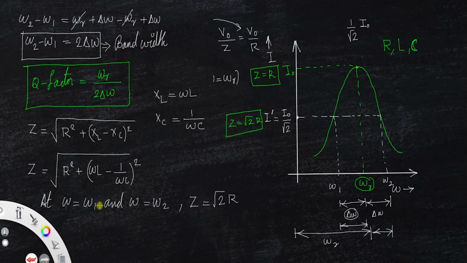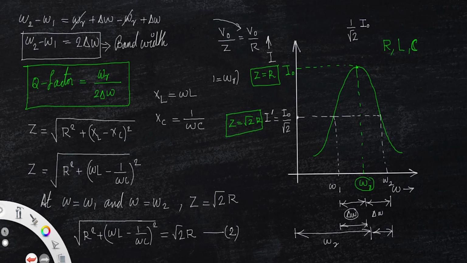So this will become root of R square plus (omega L minus 1 by omega C) whole square, which is equal to root 2R. Let's call this equation number 2.